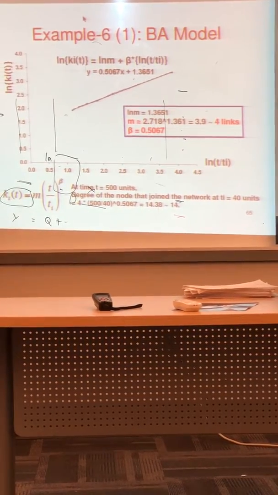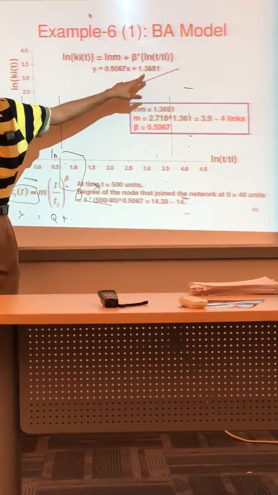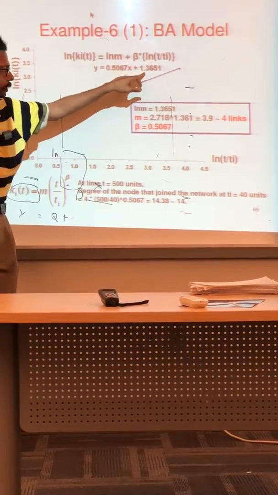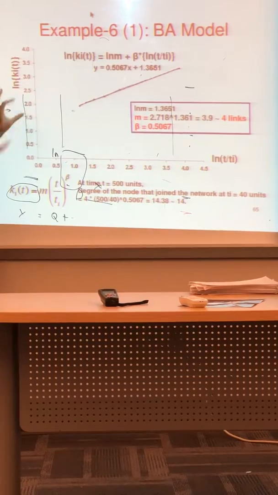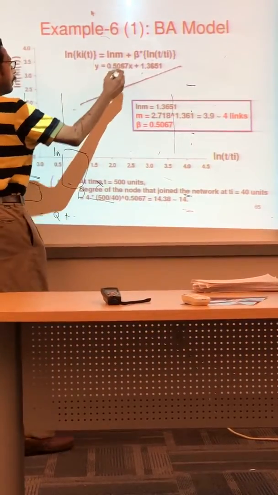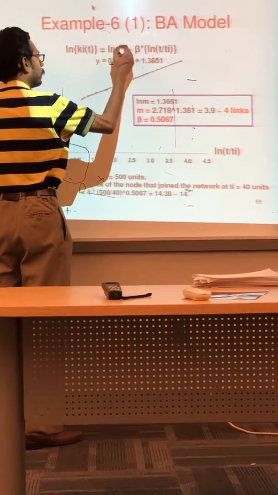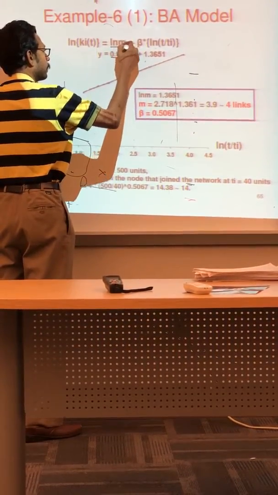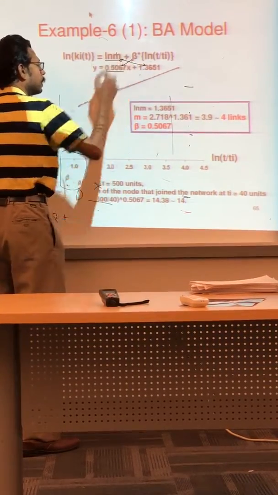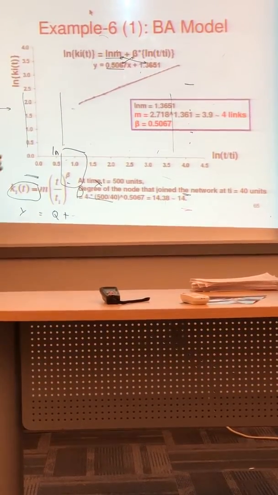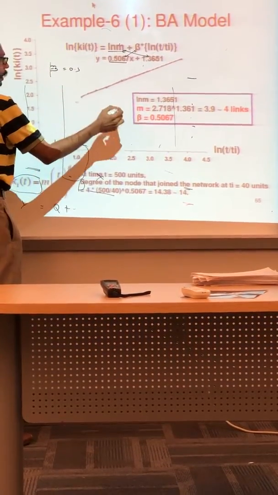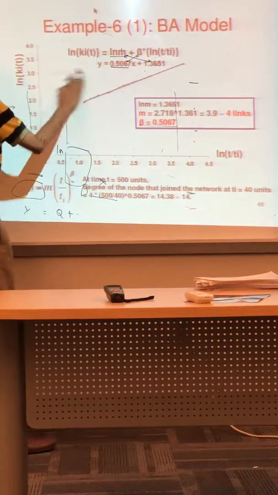So it will display the equation like this: y equals the slope times x plus the constant here. So this slope is our beta. And actually this is the log m. And slope is this. So slope beta is 0.567 as I write here.